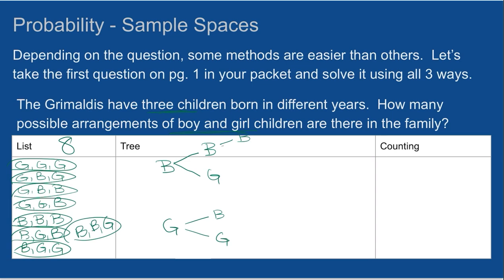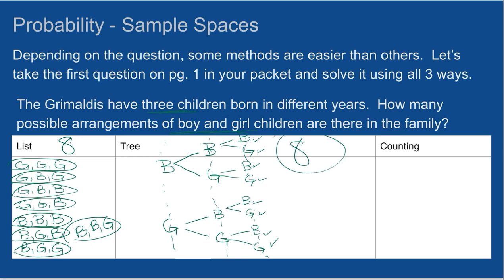It could have been a boy or a girl. So we've got oldest, middle possibilities, youngest possibilities, and when we count them up, we still end up with 8 possible arrangements.